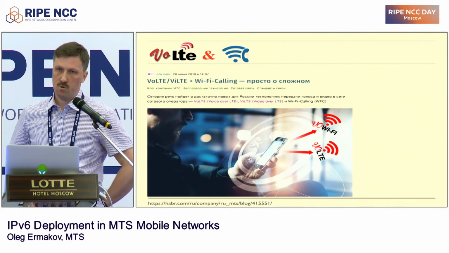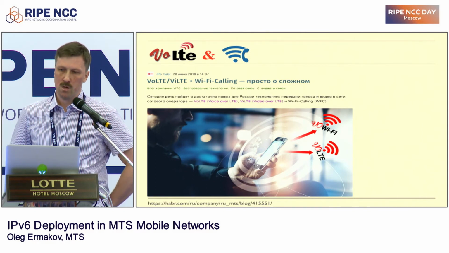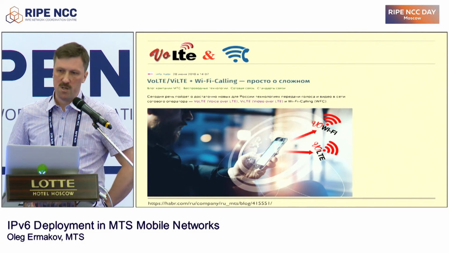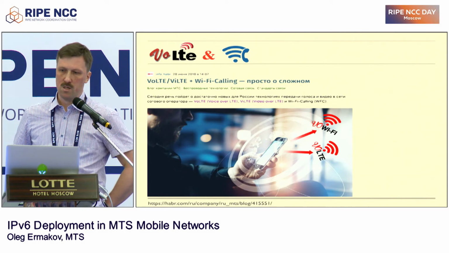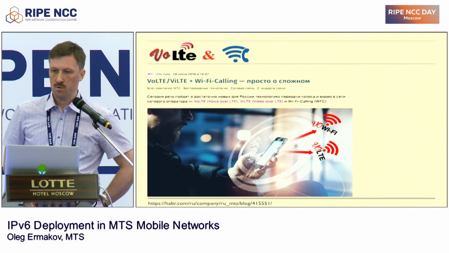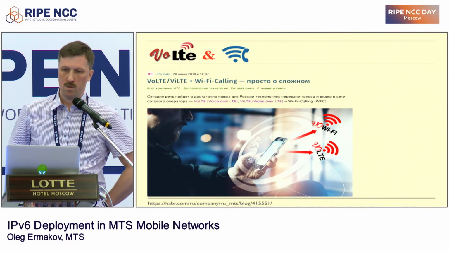So IPv6 is already in Russia, and there is a lot of IPv6 here. We are generating hundreds of gigabit of this traffic, and probably it's time to finally enable IPv6. It's not too difficult for a content provider.